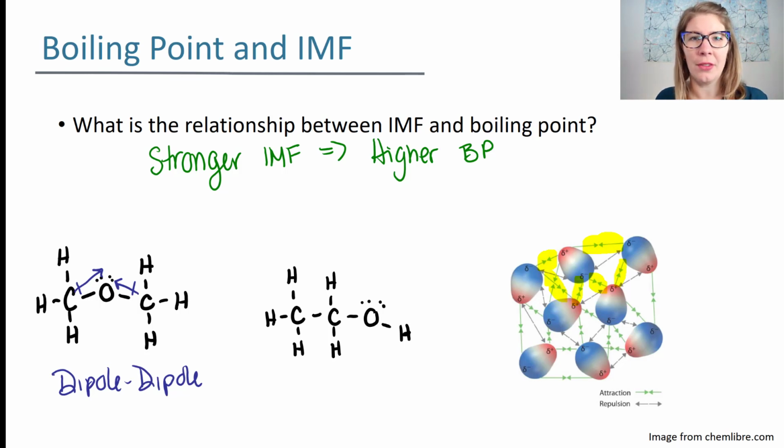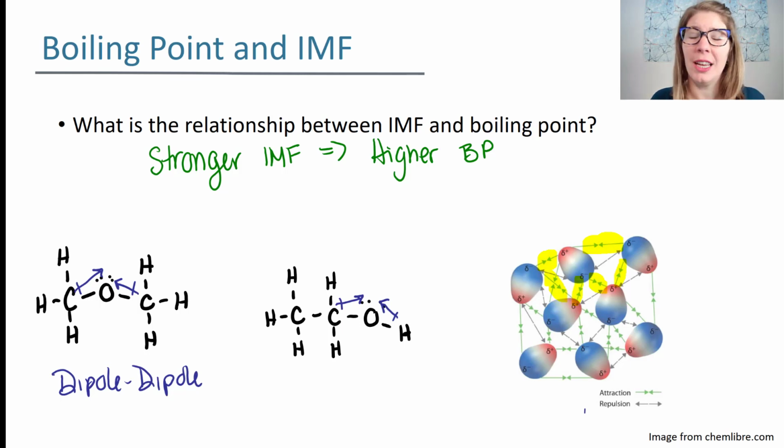Whereas ethanol on the right-hand side is probably going to experience a stronger intermolecular force because, again, if we look at the oxygen, the OH bond and the OC bond are both polar, and the oxygen is pulling electrons toward itself. So we have polar bonds and lone pairs on the oxygen, which makes this a polar molecule.